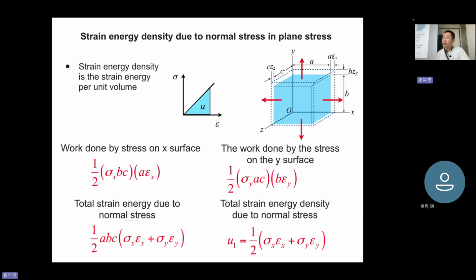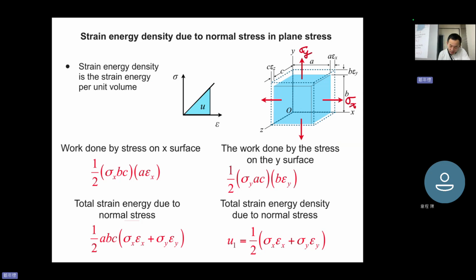I guess we learned that before, right? You remember your strain energy density is small u, and this is the area under the stress strain diagram, right? So you can imagine that you have the sigma y, you have the sigma x, okay? And you do the volume change for this, okay?